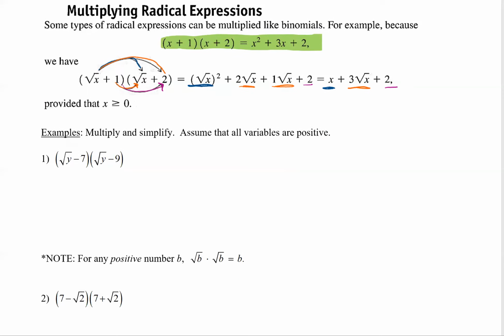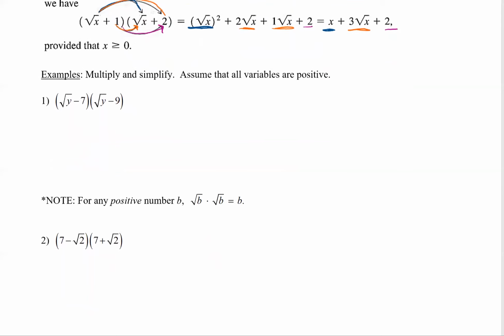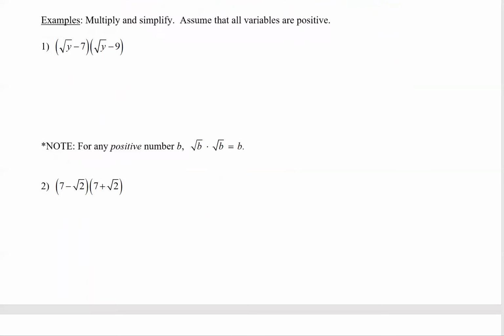So let's practice. You can use the arrows, which are typically FOIL, or you can use the distributive property, whichever one you like. I'm going to go ahead and color code these as well. If I take the square root of y times the square root of y, that is going to be y.